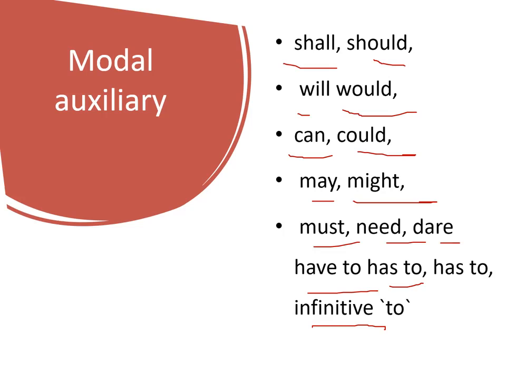You have to remember that after a modal auxiliary verb there will always be the base form of the main verb, and if it is written in passive form, of course you have to add be, then you have to write the third form of the verb.